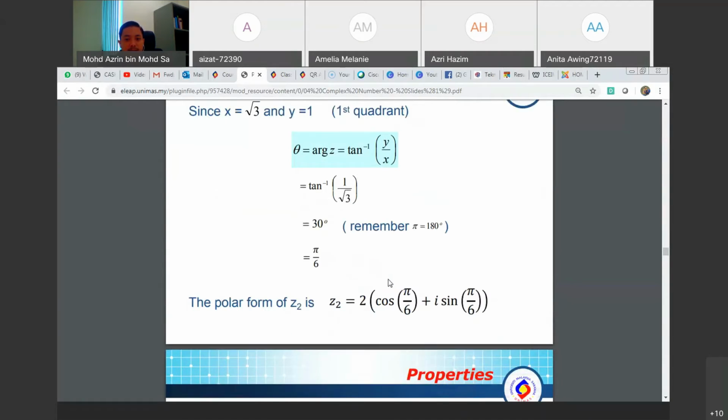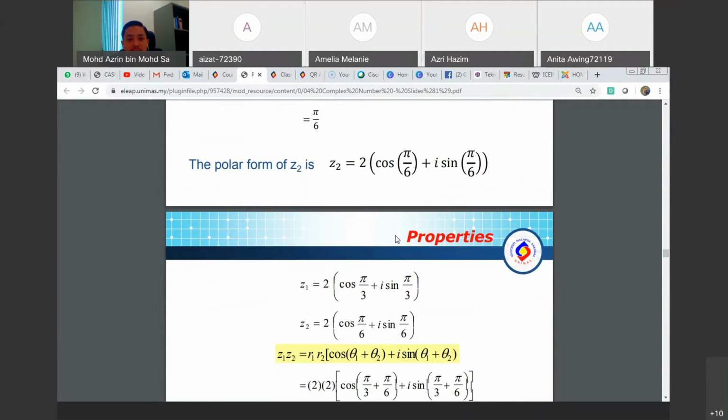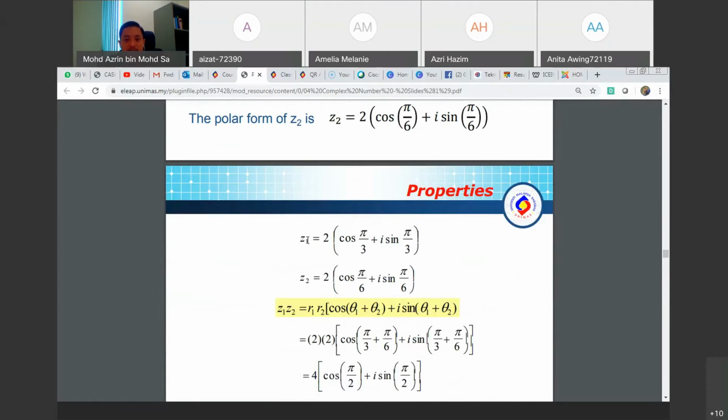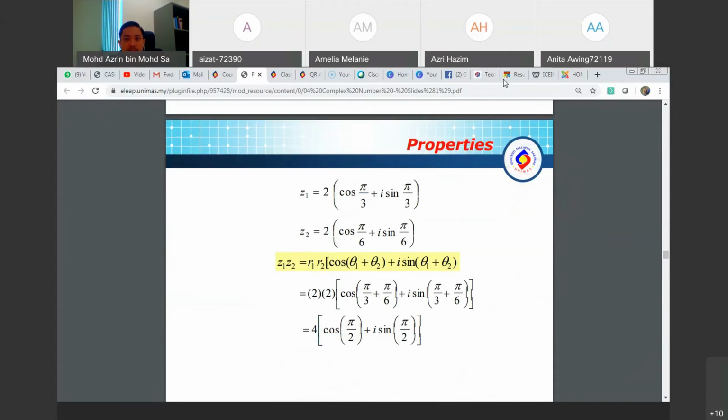The theta here is pi over 6. Now you have two complex numbers in the form of polar form. This is Z1, in terms of the complex number in polar form, and this is Z2.